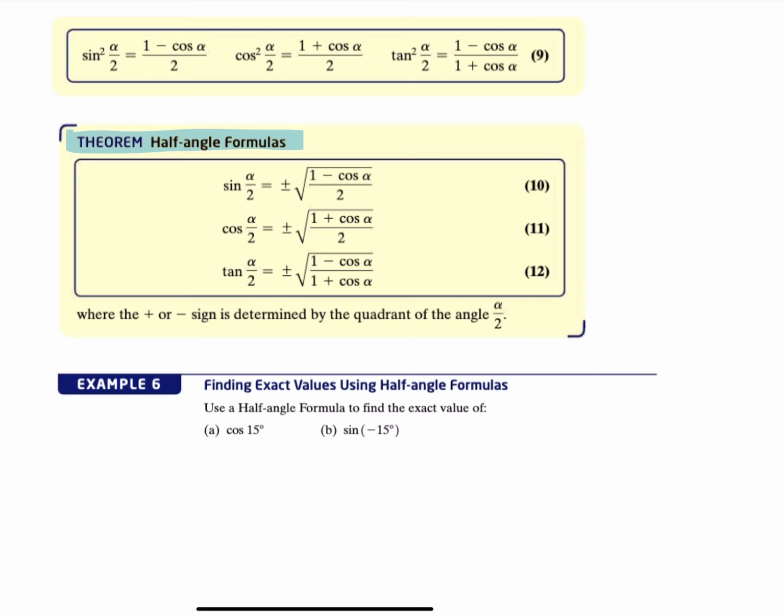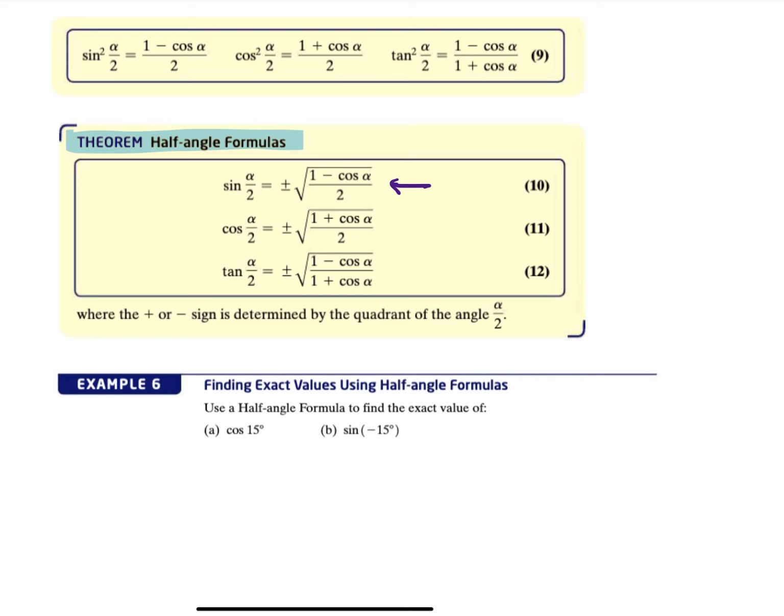So the plus or minus we'll have to determine depending on which quadrant we're in. We have one for the sine, plus or minus the square root of (1 minus cosine of our angle) divided by 2. They're using alpha here, but we can just as well use theta.